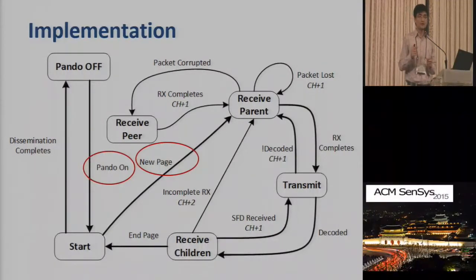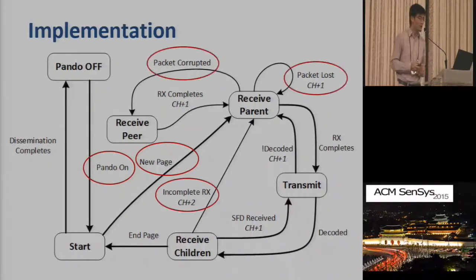We transmit data in pages just as Deluge does, because of the limitations of memory on sensor nodes. When we disseminate the data, every node is either receiving data from the parent, transmitting data to the children, or receiving signals from the children, as I have introduced.